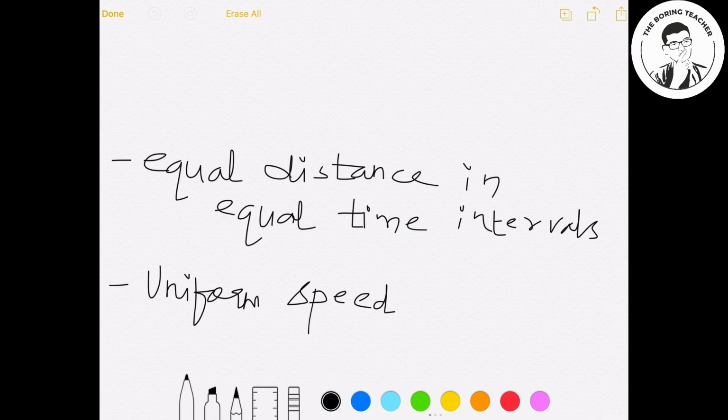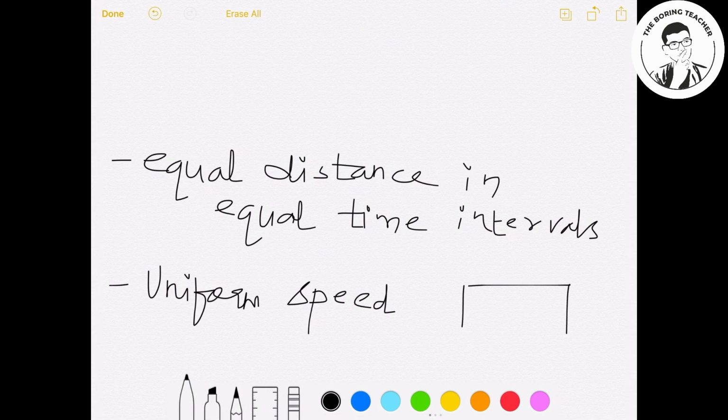But as the motion is circular, the particle has to change its direction at each and every point of time. For example, if a particle is on a linear path, then it does not have to change its direction. Suppose a particle is moving on a rectangular path, then it has to change its direction 4 times at the 4 corners.